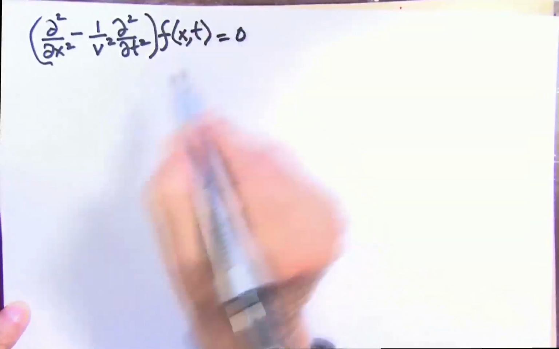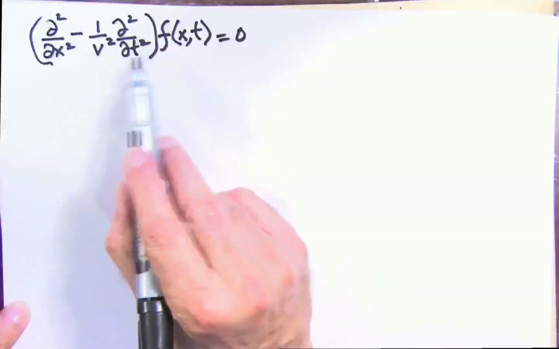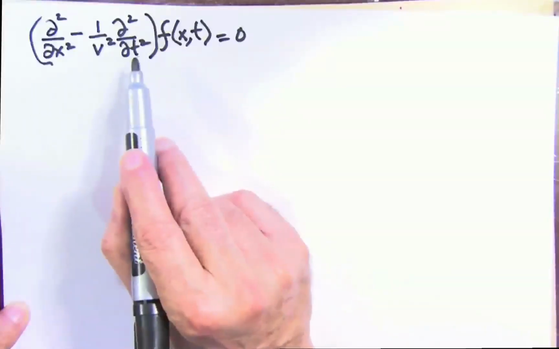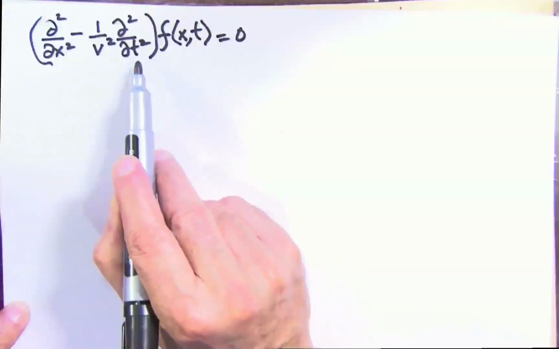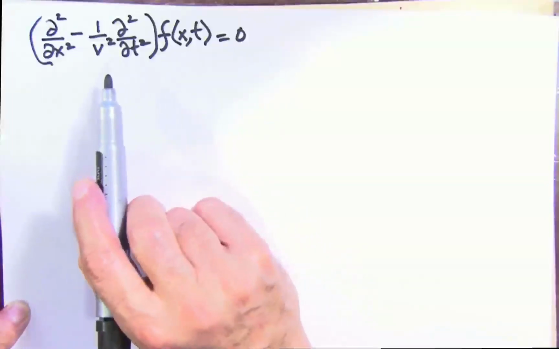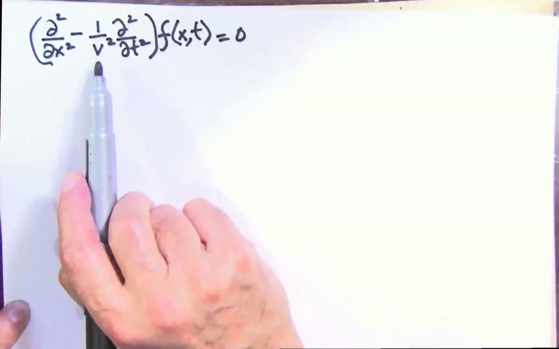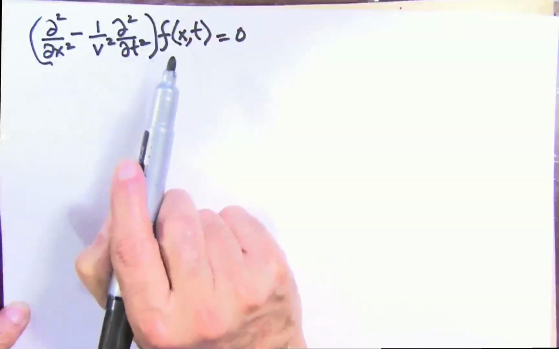That's what the solution means: that this operator, the second derivative with respect to position minus 1 over v squared times the second derivative with respect to time, acting on f is 0. And remember, the dimensions are good here because velocity times time is distance, and so that's fine.